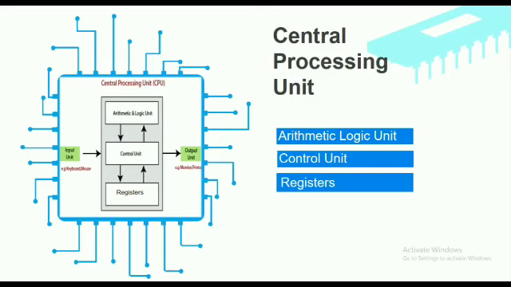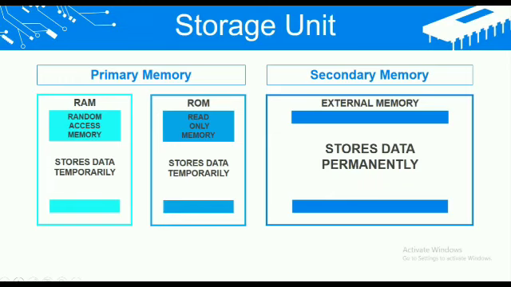That is, during the execution of any instruction, the CPU directly uses the registers. They are also called the CPU's working memory because they are used by the CPU to store data, instructions, addresses and intermediate results of processing.